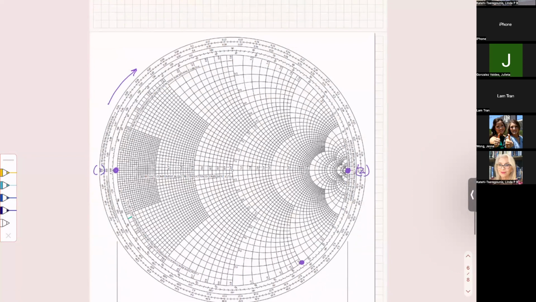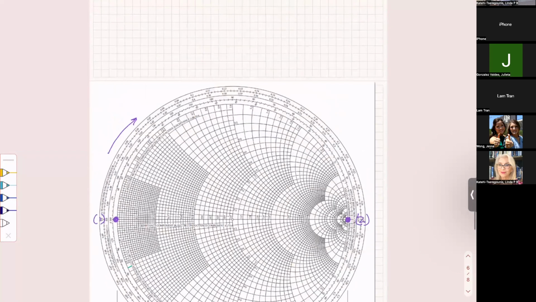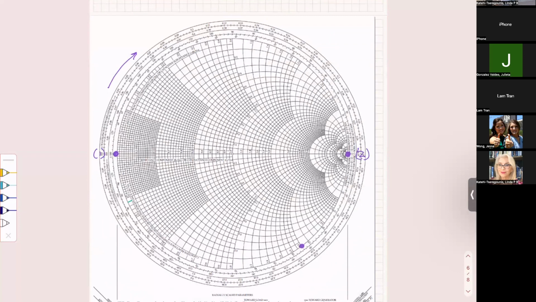So we see if it's like solution 1, if it's an open-ended stub, we have to start here, move all the way around this, go through this point, and then come down here.